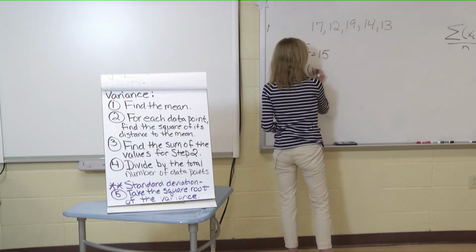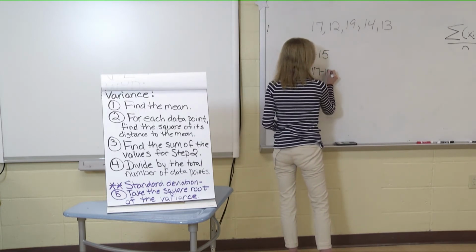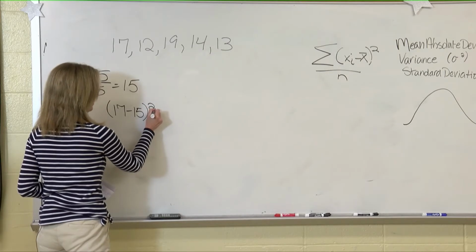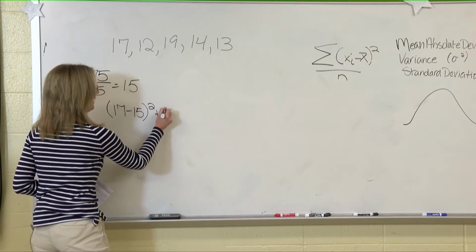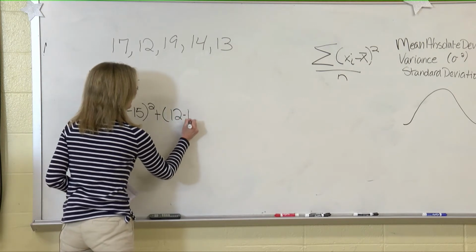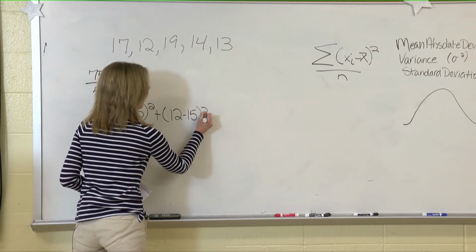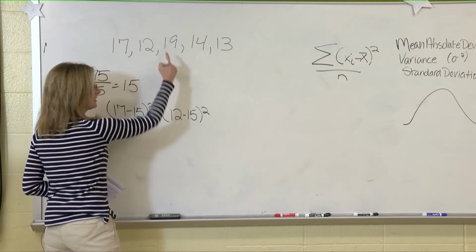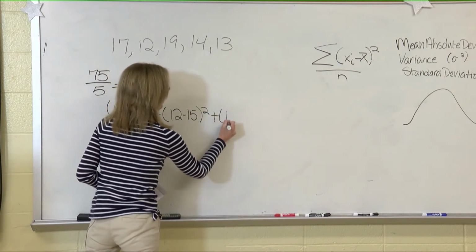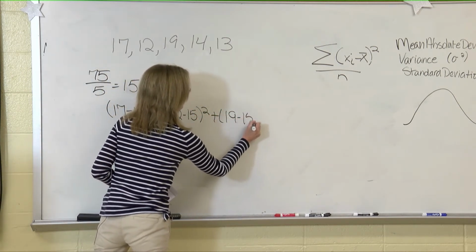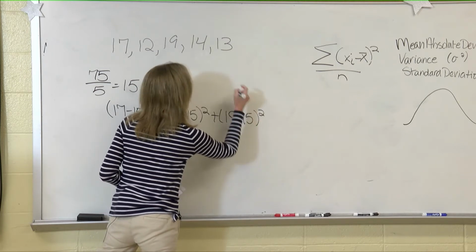For the first one, 17 minus 15 squared, and I'm going to add to that 12 minus 15 squared. Then take the next point, 19 minus 15 squared.